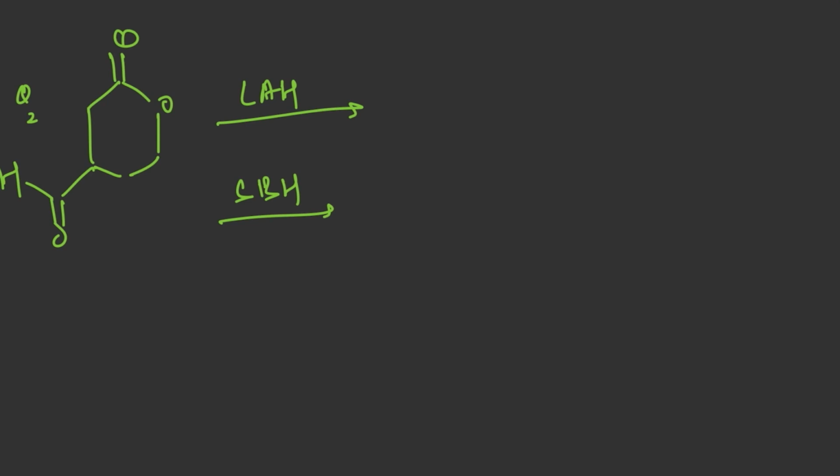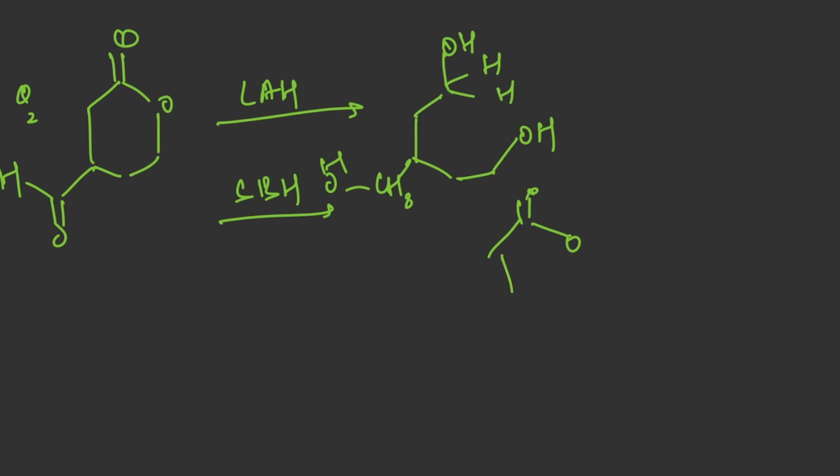In LAH it will react with both of the compounds, giving OH, H and H. But with SBH it will only react with the outer side. So with SBH it will react with this and this.